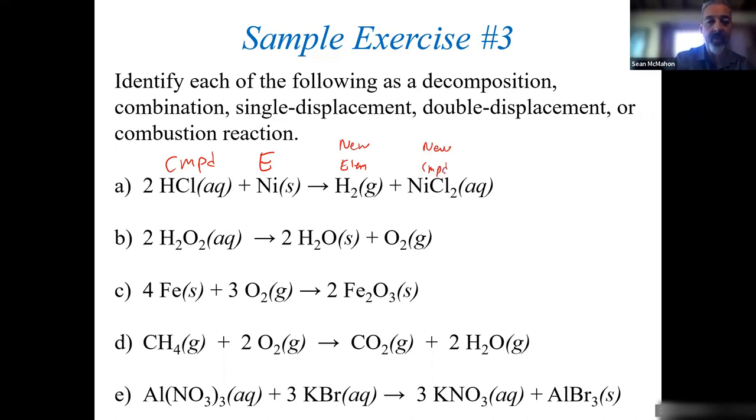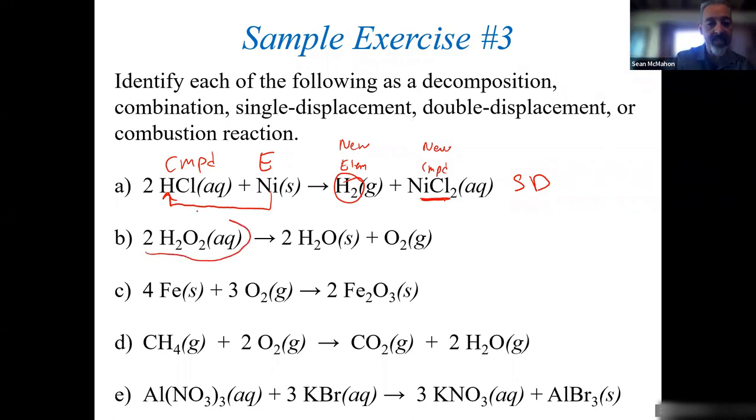So what happened? So basically, the nickel kicked out the hydrogen, and now it combined with the chlorine. So this is, I didn't write, sorry. Must have forgot this one. This is a single displacement, right there.